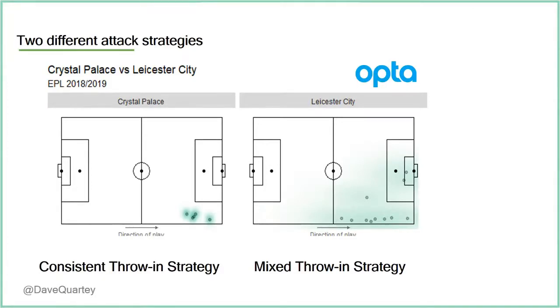On to the analysis. So what I did was I had a look at the type of throw-ins teams use, right? If there's a likelihood of some of them resulting in goal scoring opportunities and some of them not resulting in goal scoring opportunities. But what I did was to adjust for team quality, right?